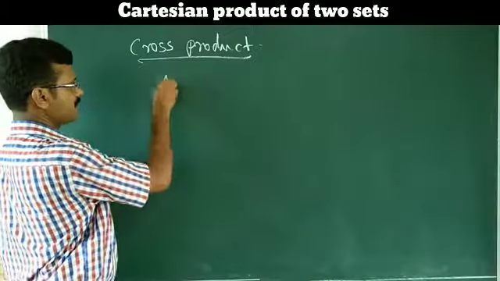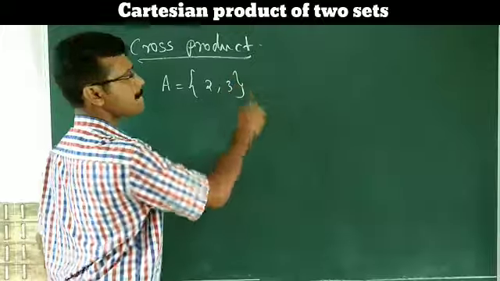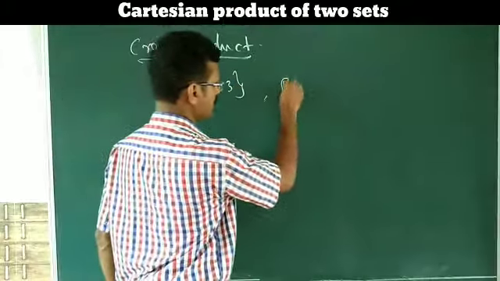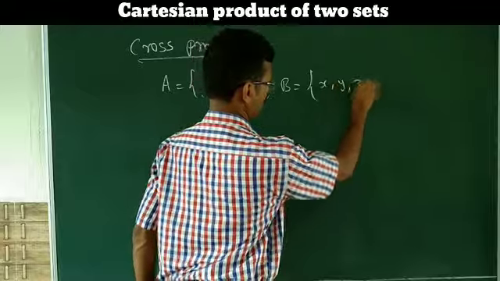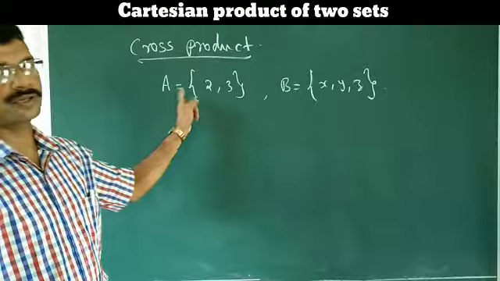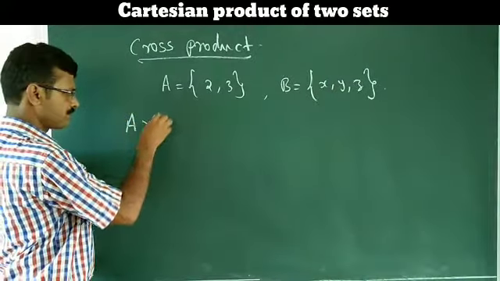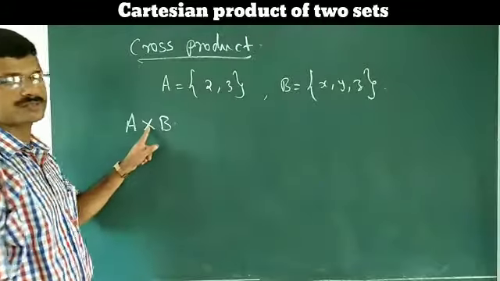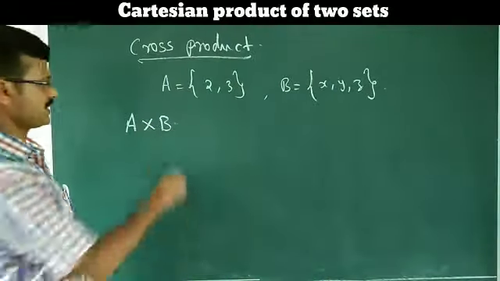See, let a set A be given as 2, 3 and another set B be given, let it be x, y, z. Then how do we find the Cartesian product of these two sets? We write it like this: A cross B. You have to read it as A cross B. Don't read it as A into B. It is A cross B. So what is A cross B?